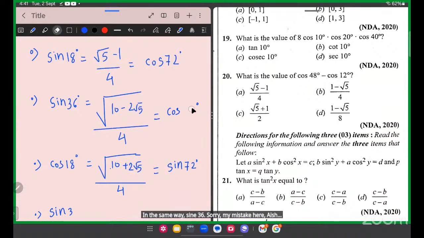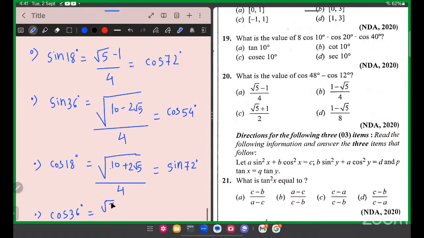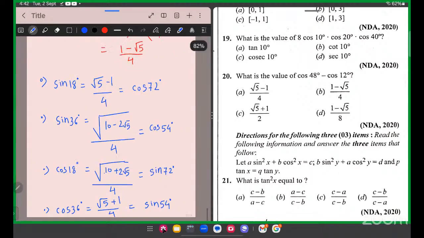You have to write cos 54. Here, it is not sine 36, it is cos 36. Cos 36 is root 5 plus 1 upon 4. And it is equal to sine 54 as well. By the same logic, right?